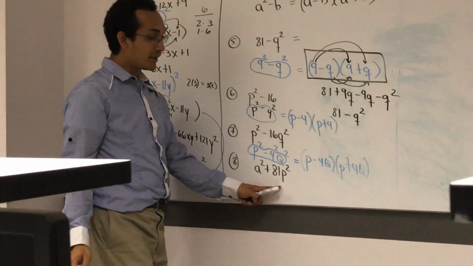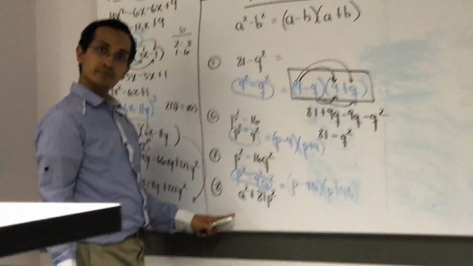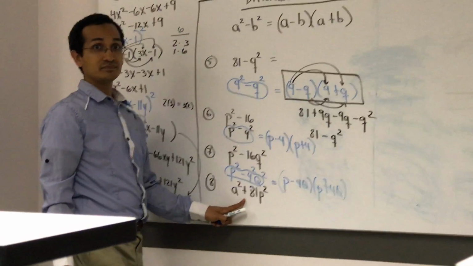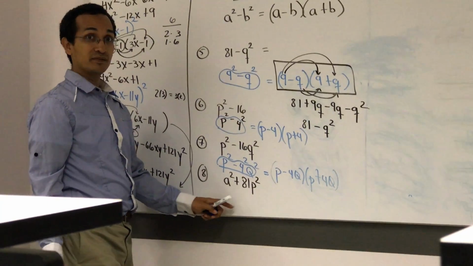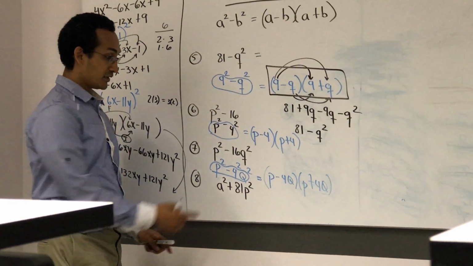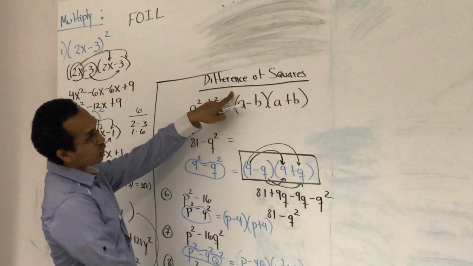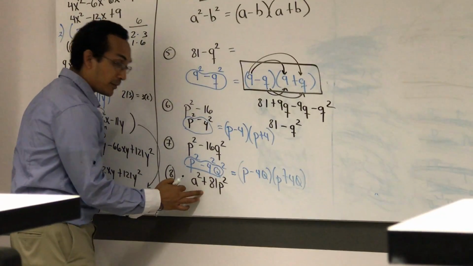How about this one? Is everything a square? Yes. However, this is a positive here. You can't do anything to this. Why? Because the difference of squares requires subtraction, and this is a sum of squares.